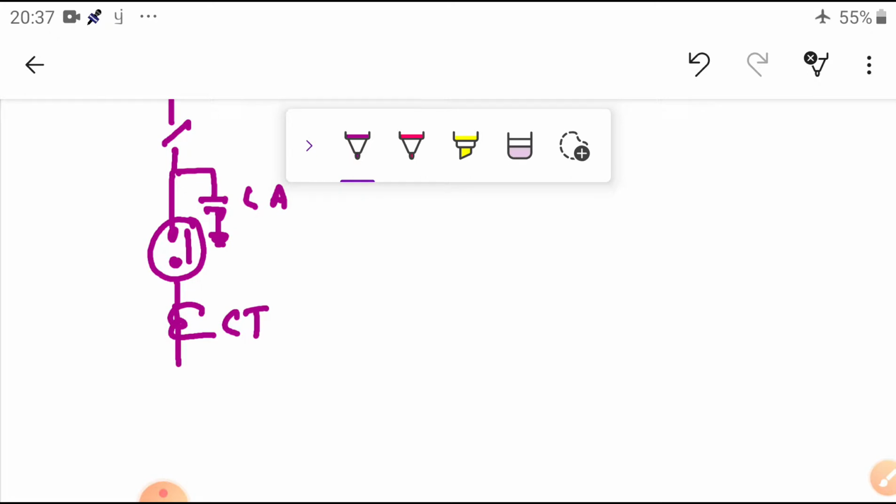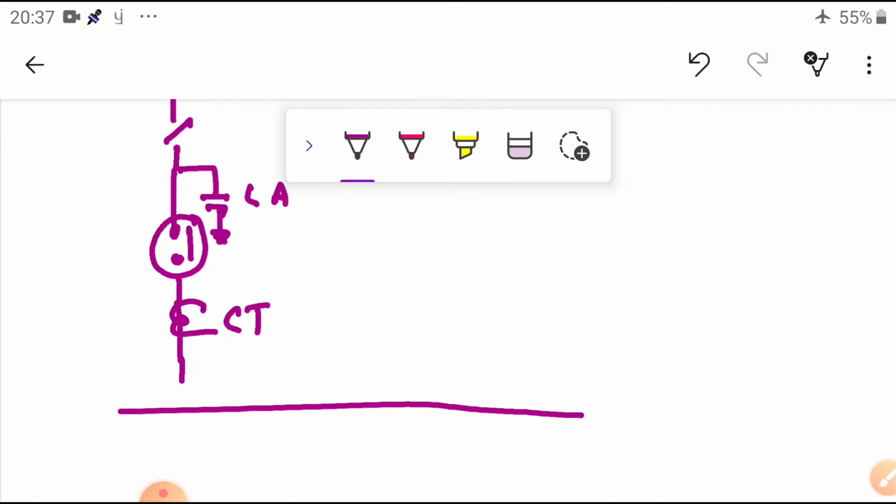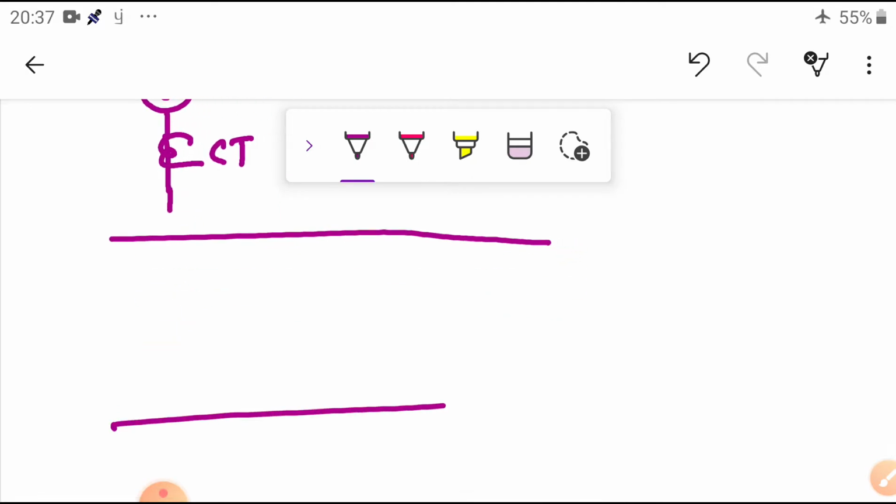Okay, now it is connected to the bus bar. Here there are two buses, you can see, bus 1 and bus 2, for redundancy and protection purposes, and the two buses are connected with the help of isolators.